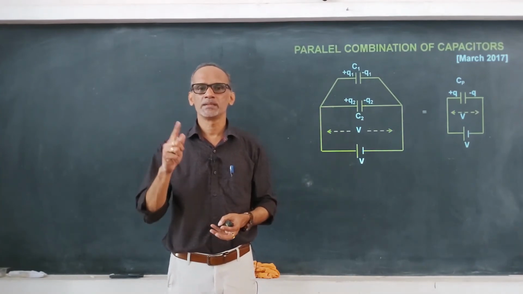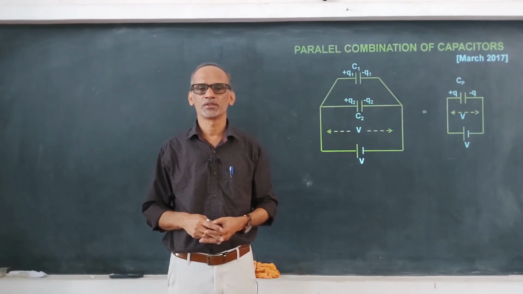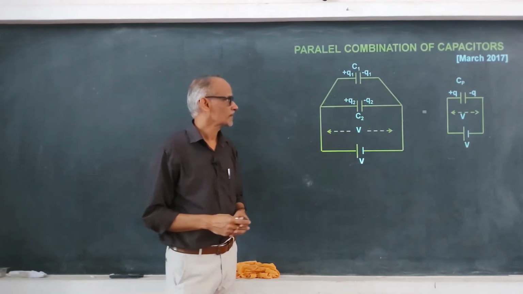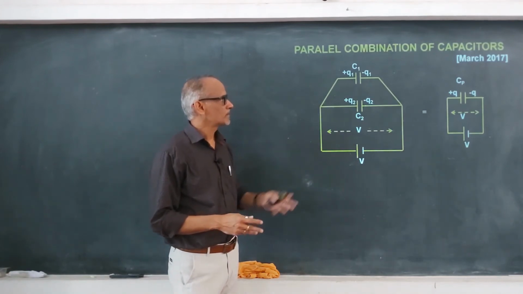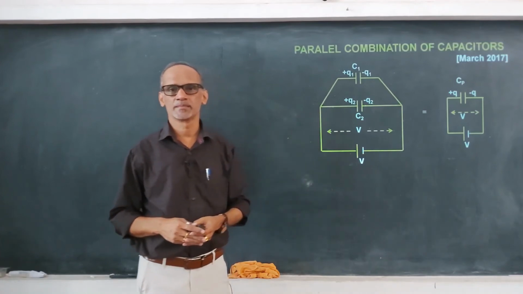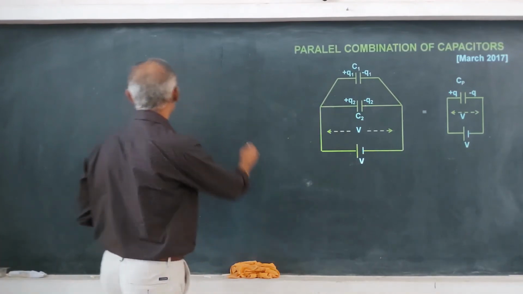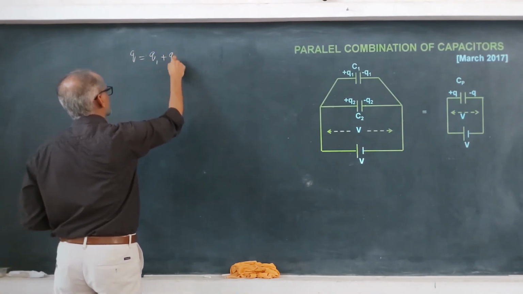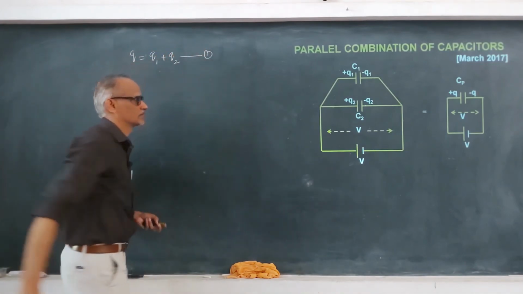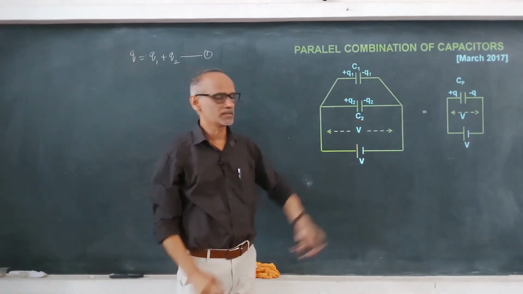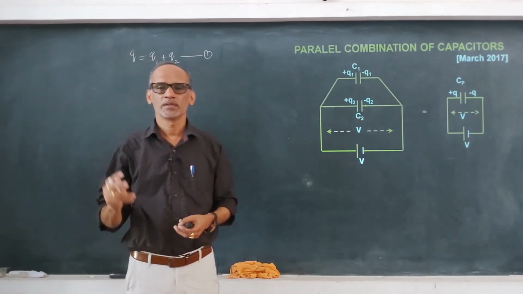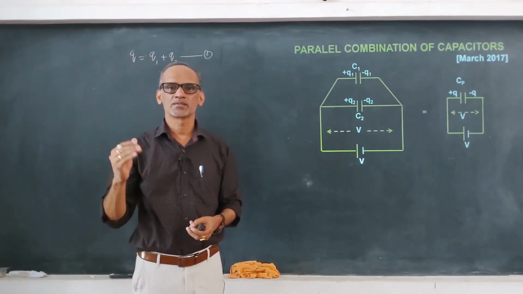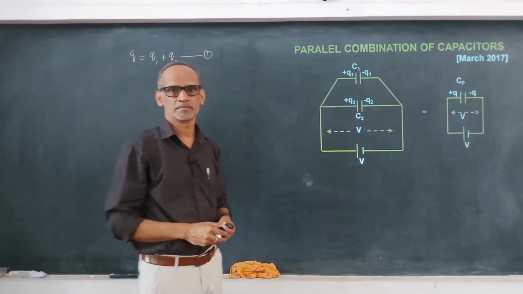Now Cp, P stands for parallel combination of capacitor. What is the charge stored in that system? The charge stored in the system Q is equal to Q1 plus Q2. So this is the first equation. The charge stored in the system is equal to sum of the charge stored in each capacitor.